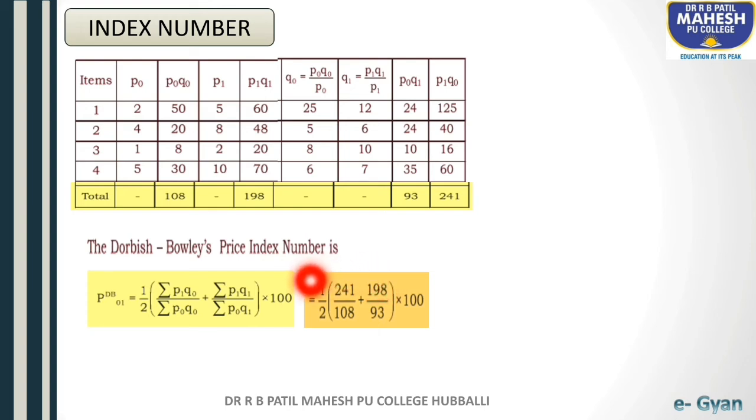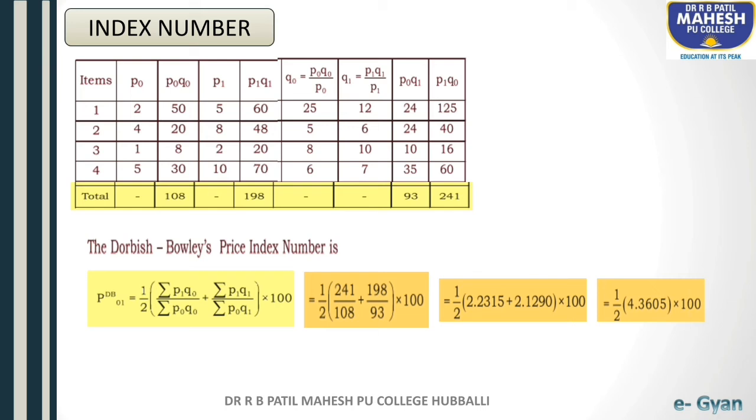Okay students, after substituting these values, solve this one. So this becomes 241 divided by 108, which is 2.2315. 198 divided by 93 is 2.1290. Okay. So after dividing, you have to add these two values.